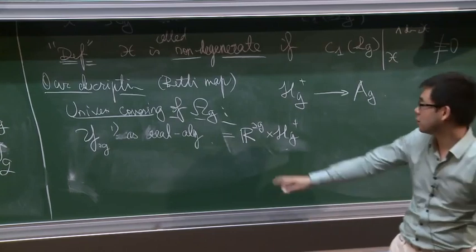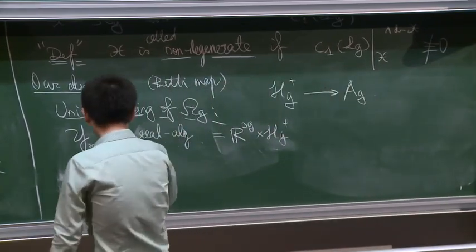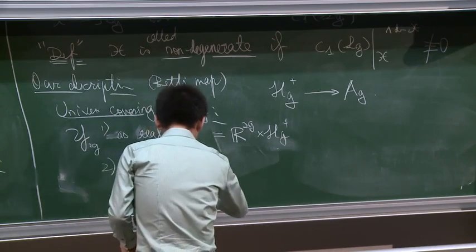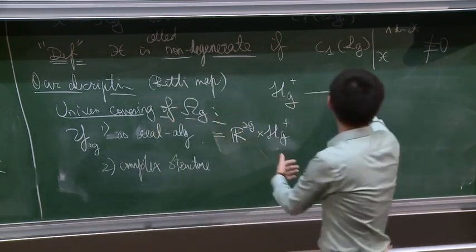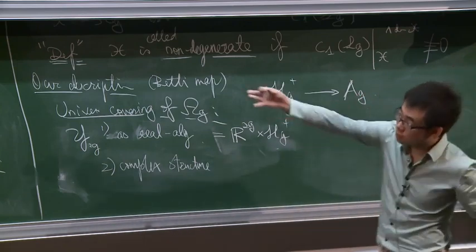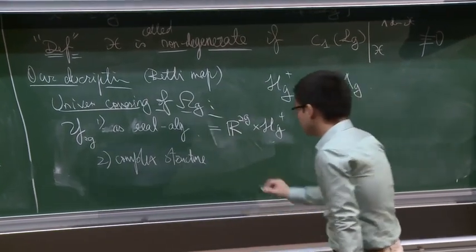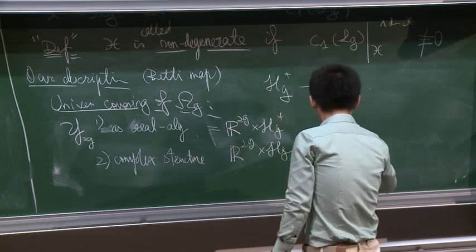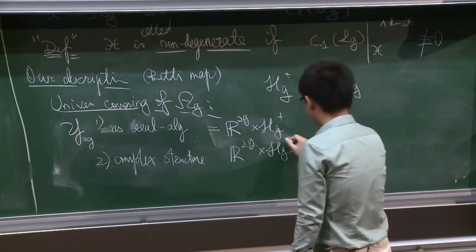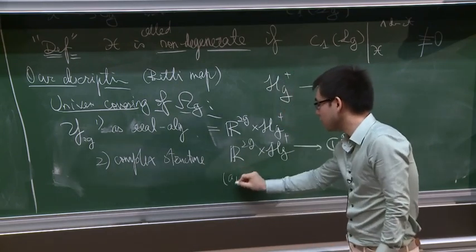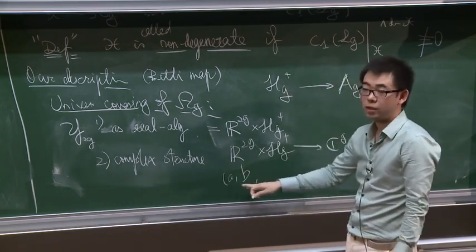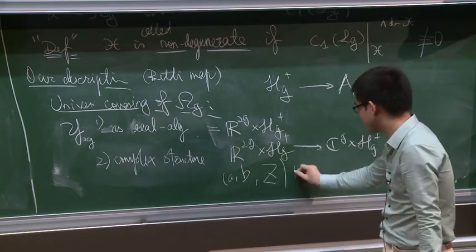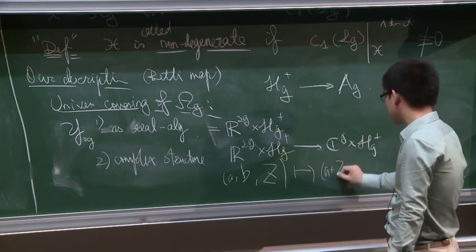Then we want to give it a complex structure, and the complex structure should encode the complex structure of every abelian variety over this moduli space. It is given in the following way. We take any vectors A, B both in R^G and a G by G matrix Z, and send it to A plus ZB.